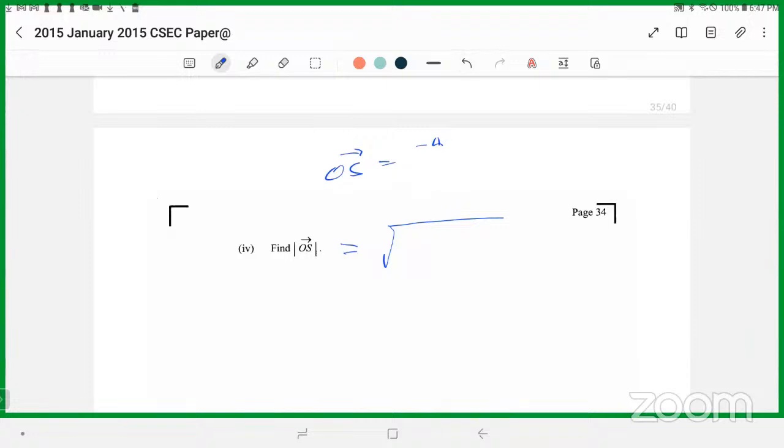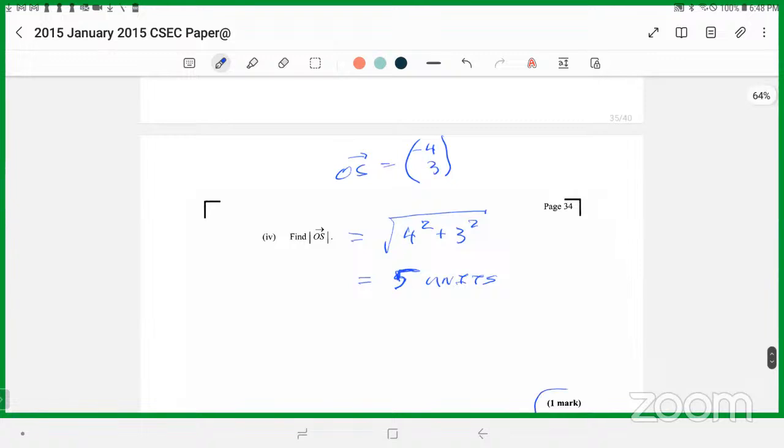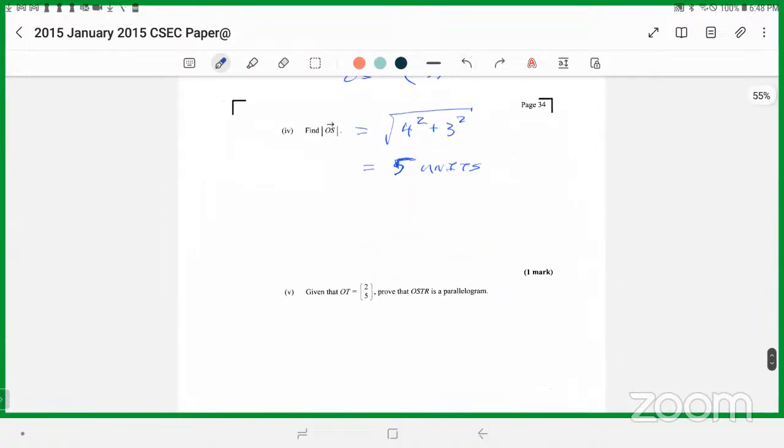So the square root of this value squared, but I don't need to put the negative. I just put 4 squared because that's really one side of the triangle. Plus the 3 squared. It becomes 5 units long. And the graph is showing me the same thing. 5 units long. Easy. 1 mark. So that's so easy. Next one.